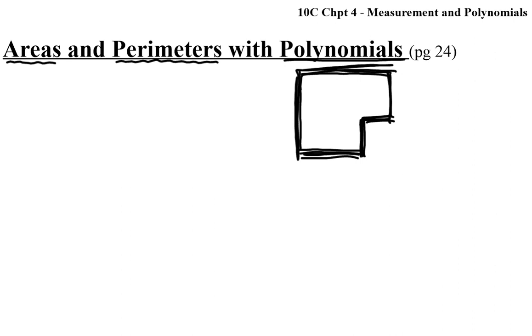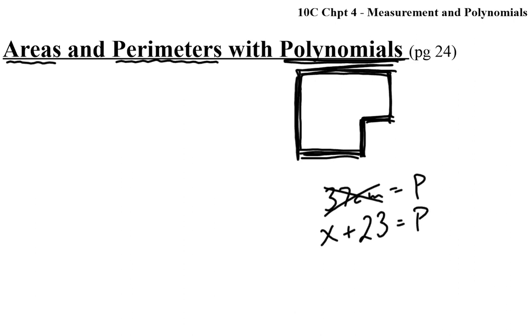Now, if I'm using polynomials, I'm not going to say, oh, 37 centimeters is my perimeter. We are going to have some kind of an expression. Who knows what it is, it depends upon the numbers that are given, but we're not going to get nice, simple numbers because we're working with polynomials. We'll get polynomial expressions to represent the perimeter.